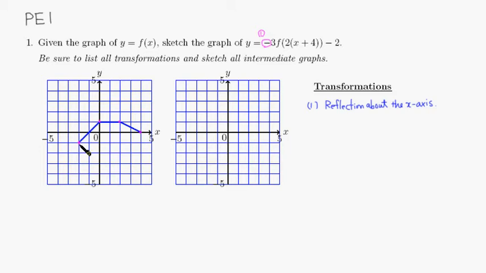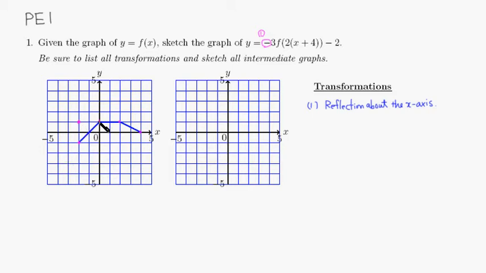Pay attention to the y value. The y value of this point is negative 1, so it becomes positive 1 without changing the x coordinate. Positive 1 is up here, so it moves up here.